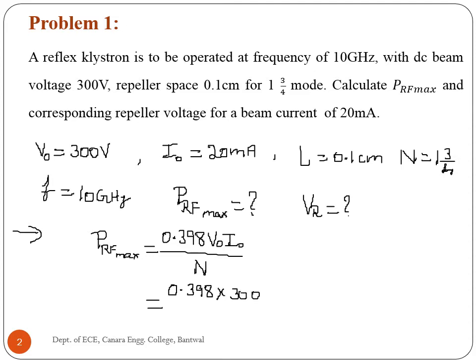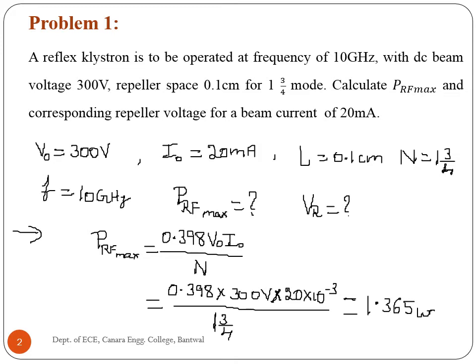V0 is 300 volt, I0 is 20 milliamperes, 10 to the power minus 3, divided by N. Which is equal to 1.365 watts.